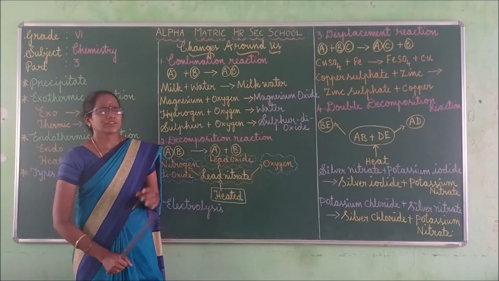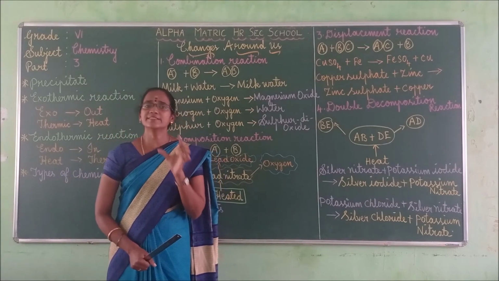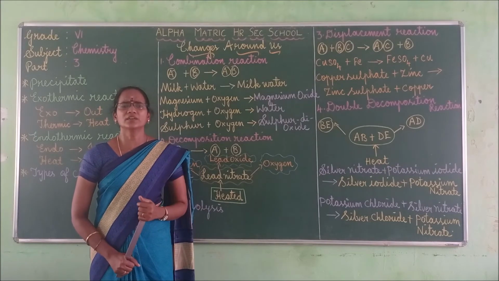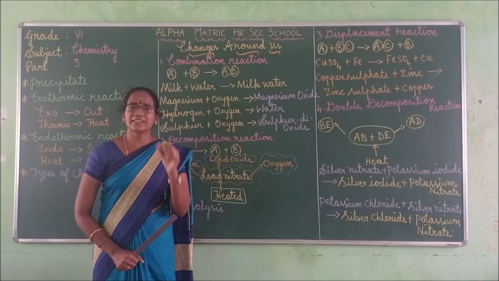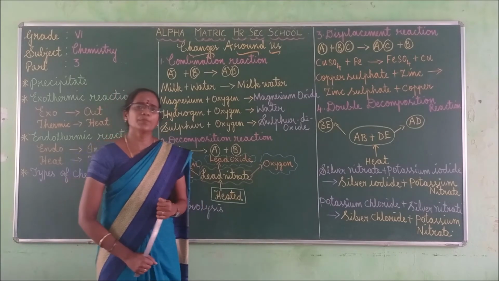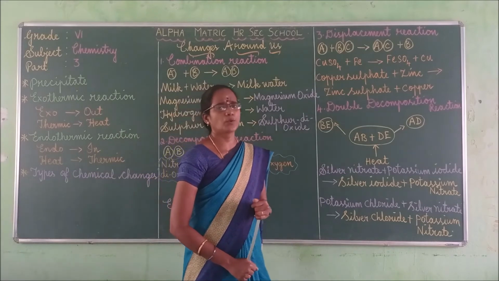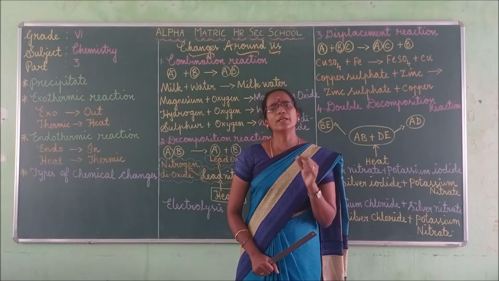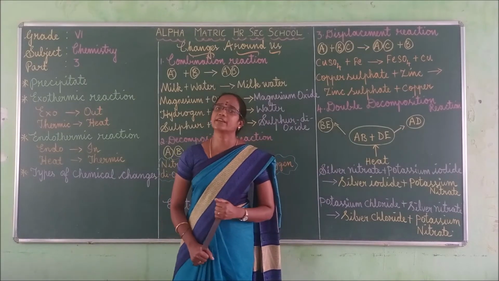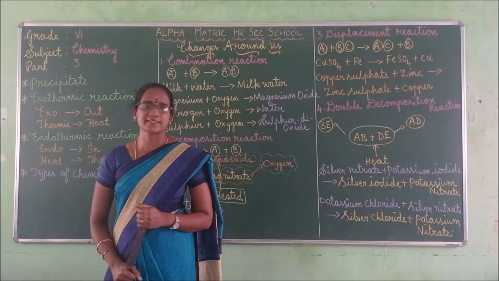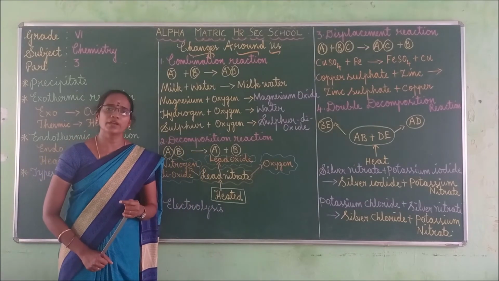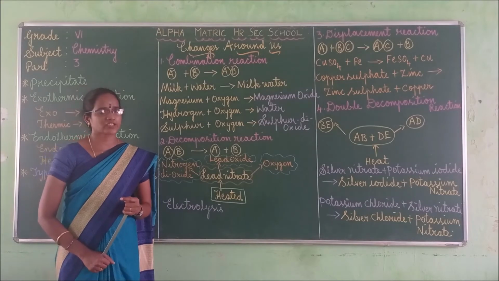Because our digestive system breaks down the complex substances into simple substances. For example, carbohydrates are broken down into simpler sugars such as glucose, whereas proteins decompose to form amino acids. So digestion of food is an example of decomposition reaction.